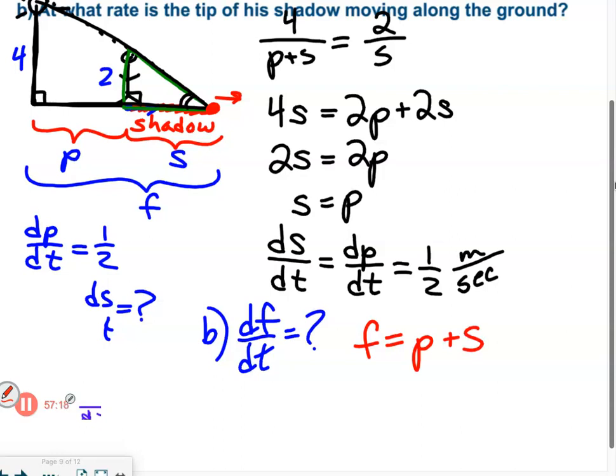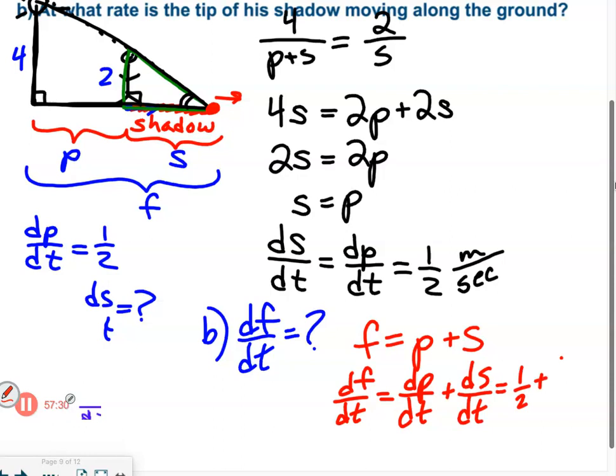Yeah. All right. df dt equals dp dt plus ds dt, 1/2 plus 1/2. So df dt is 1 meter per second. Yeah, the numbers were really nice.